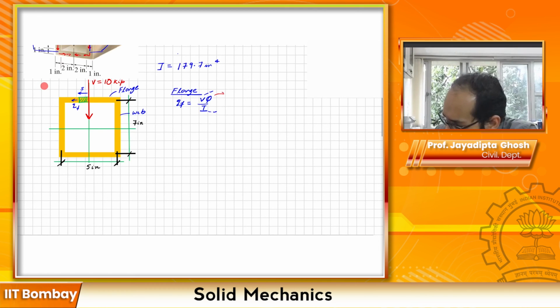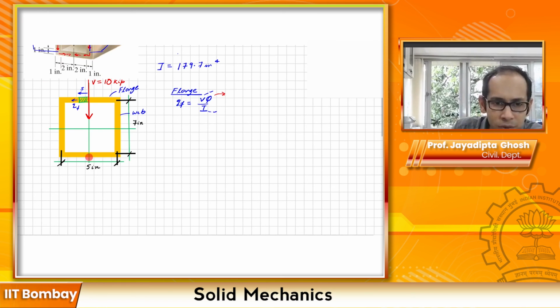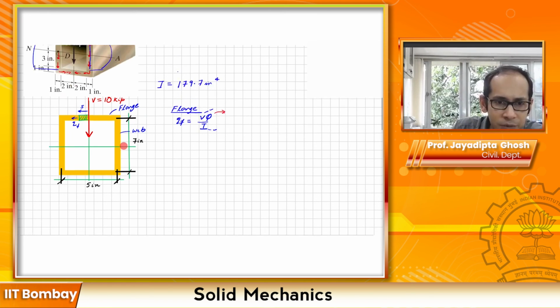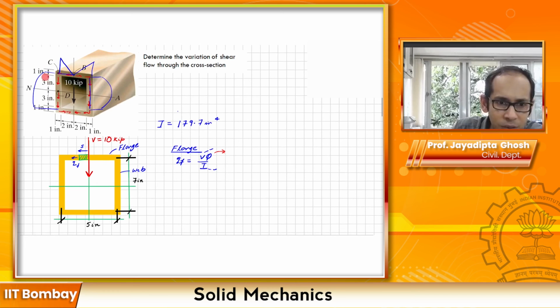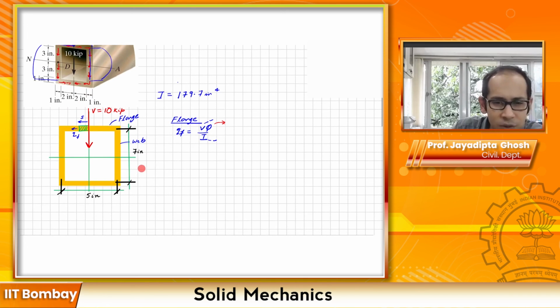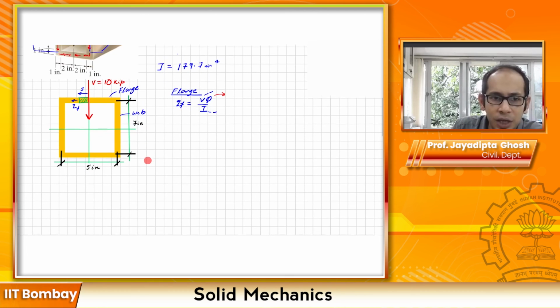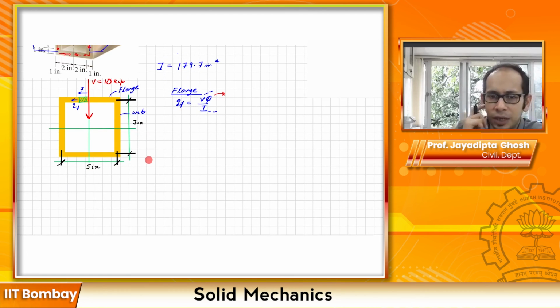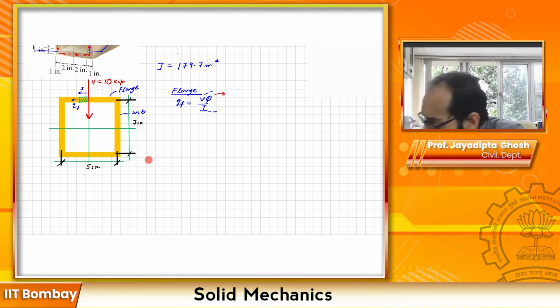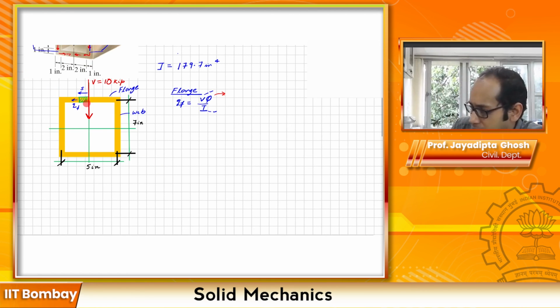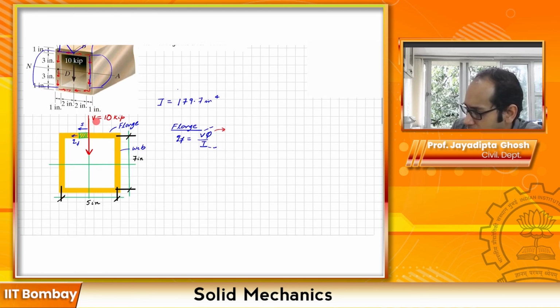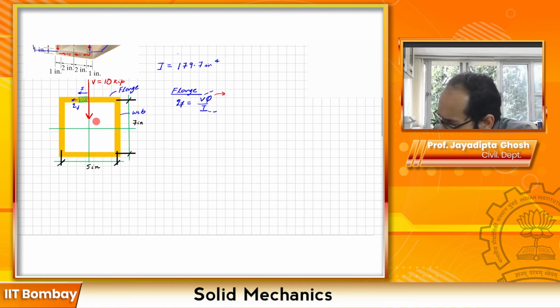And here also one more thing to note, these dimensions are marked center to center. So you see this is given 3 and then 1 and 1, it is just 6 plus half and half, so that is the 7. It is okay for thin wall sections if you're just dealing with the center line dimensions. So for the Q, it is going to be the area of this one over here, that is S times this thickness. This thickness is also given as 1 inch, so let's mark that thickness also.